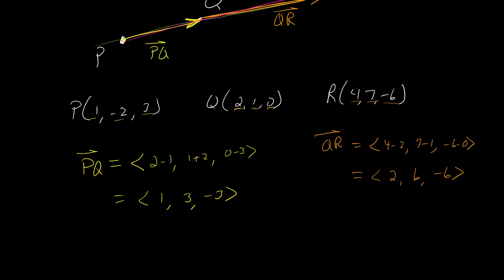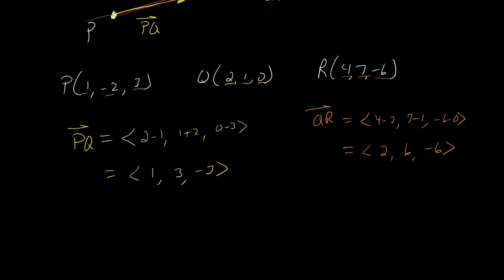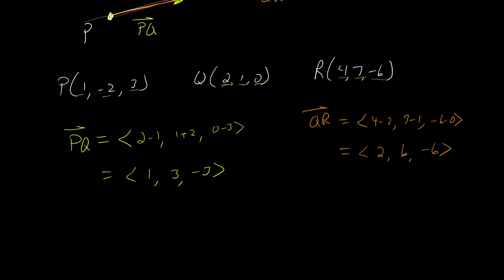Okay, so hopefully you can see pretty obviously that these are in fact collinear because PQ is parallel to QR. We can see that because if there exists a C such that multiplying PQ times that C gives me QR, we know they're parallel by the definition. So to get from 1 to 2, I would multiply by 2. Let's see what 2PQ is. Well, it's 2 times 1, 3, -3, so that is 2, 6, -6.